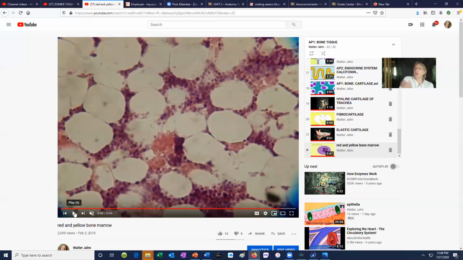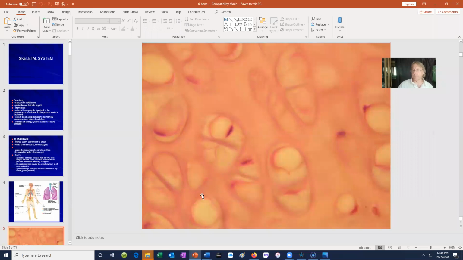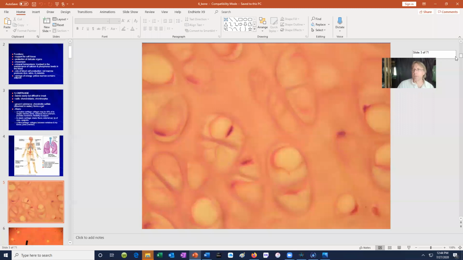So for example, in my arm and in my leg, the only place where I have red bone marrow anymore is at the proximal epiphysis of the humerus or the proximal epiphysis of the femur. But if I were to get cut and bleed a great deal, some of that yellow marrow could temporarily become red marrow.